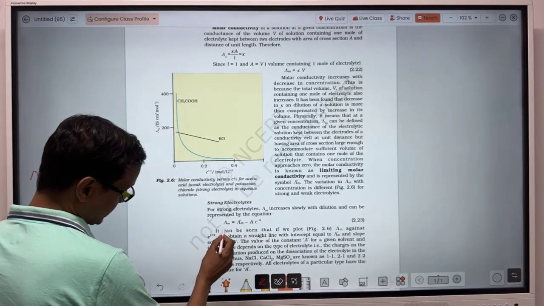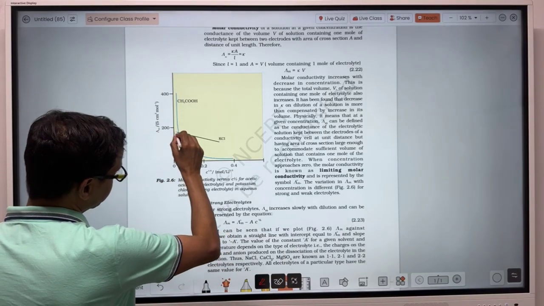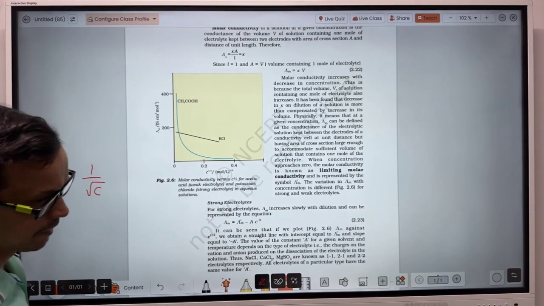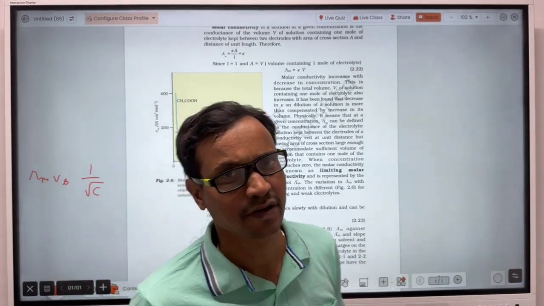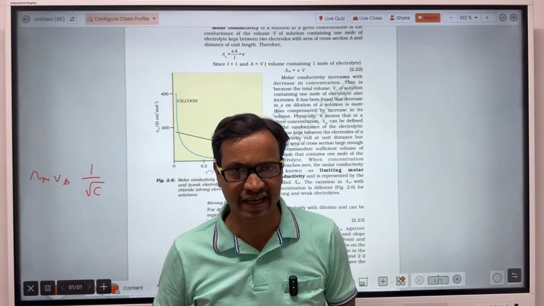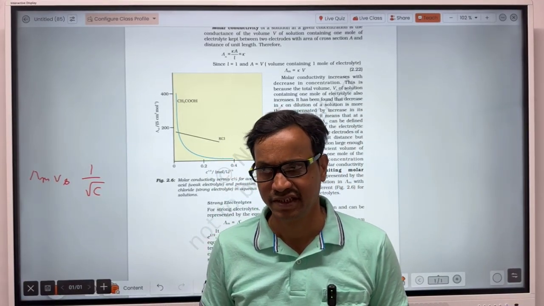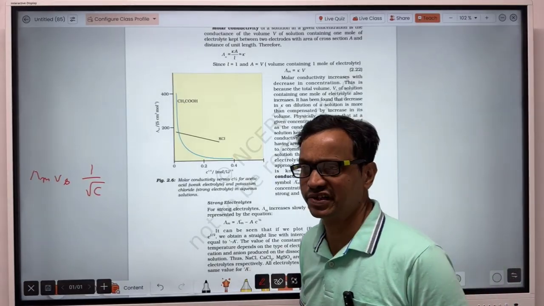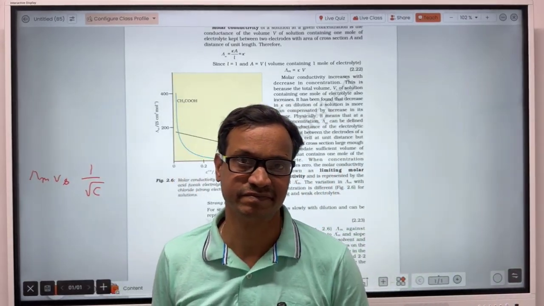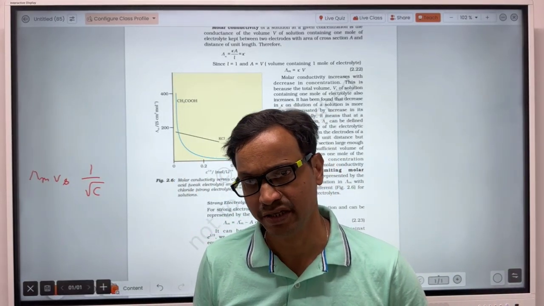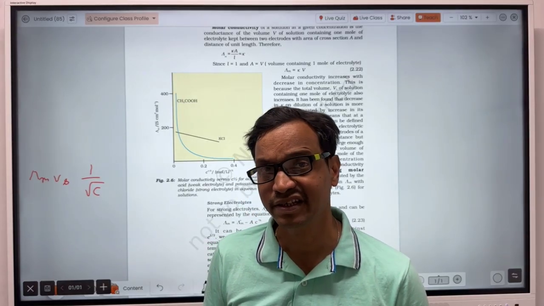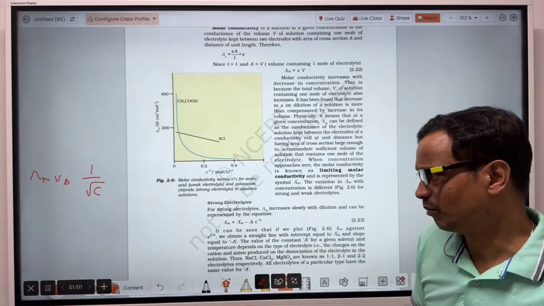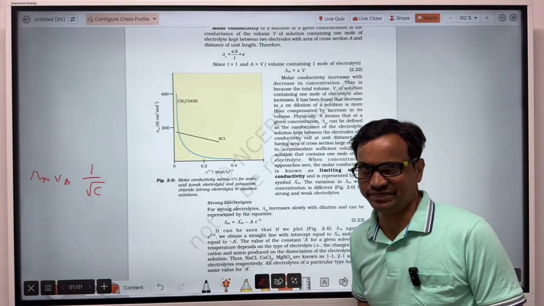So what happened here, this intercept will be equal to lambda m degree, the limiting molar conductivity. Limiting molar conductivity means molar conductivity at infinite dilution. As you know, on diluting the solution, the molar conductivity increases. So at infinite dilution, the molar conductivity will be maximum.